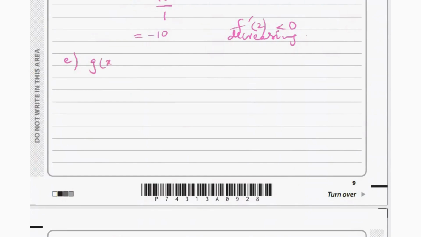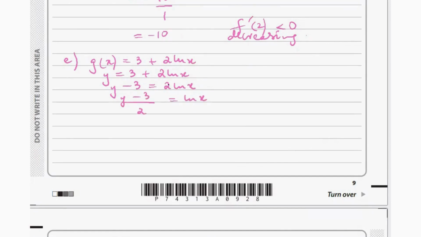g of x is 3 plus 2 ln x. So y equals 3 plus 2 ln x. Make x the subject, so y minus 3 equals 2 ln x. Y minus 3 divided by 2 equals ln x.